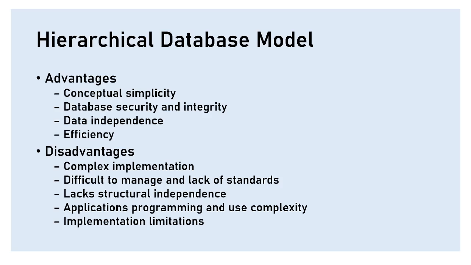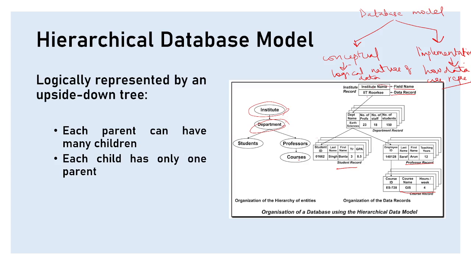Then the database security and integrity is good. Data independence is there, and efficiency is also there. Data independence means that data is lying in different locations and can be modified by individuals. For instance, there might be several departments, right?